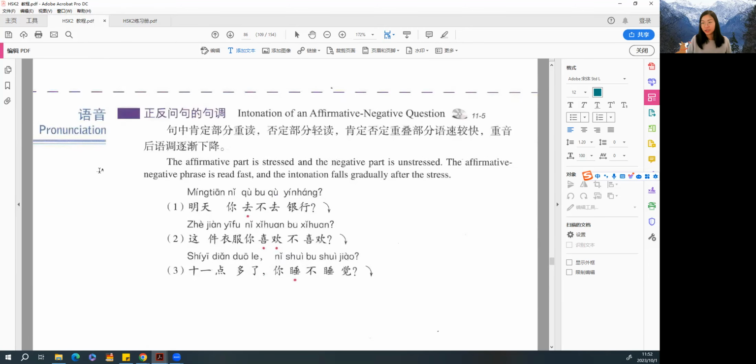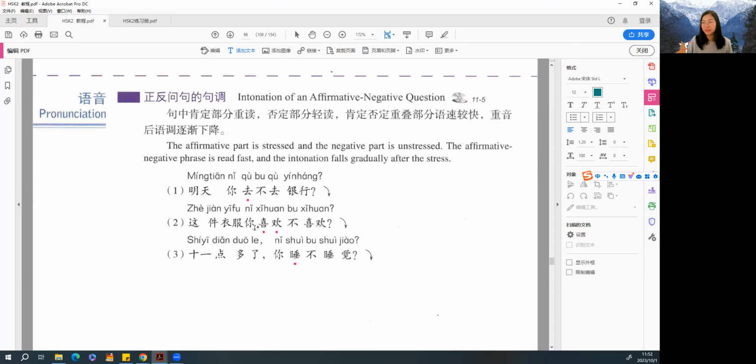All right, pronunciation, very simple. Just repeat this sentence and then 说对方。你去不去银行？这件衣服你喜欢不喜欢？11点多了，你睡不睡觉？ You see, those are all yes or no questions.